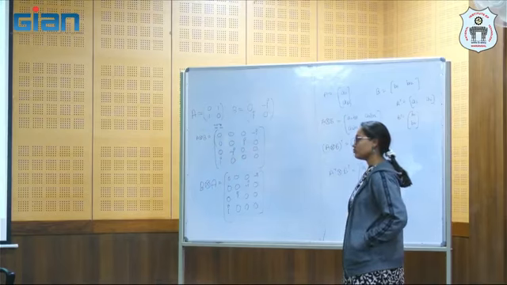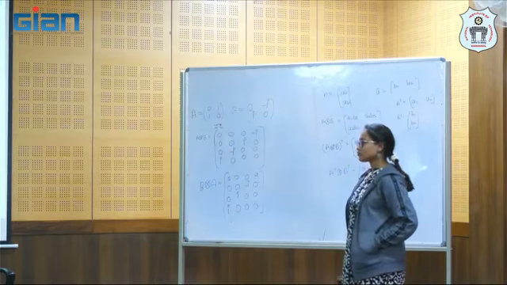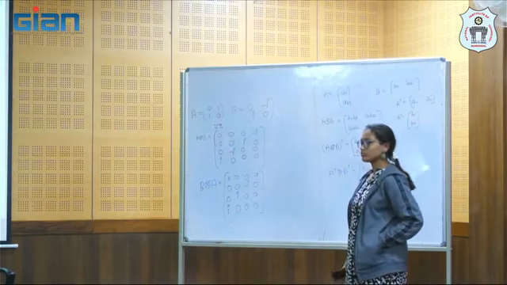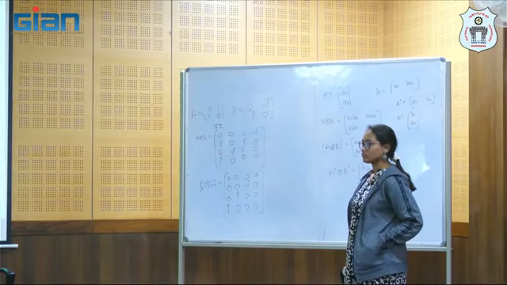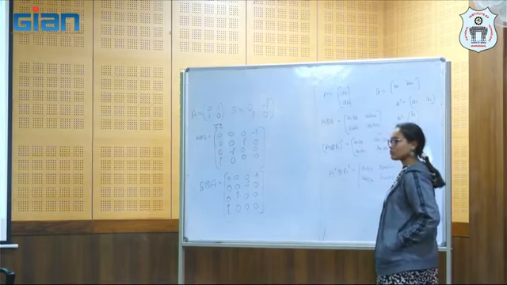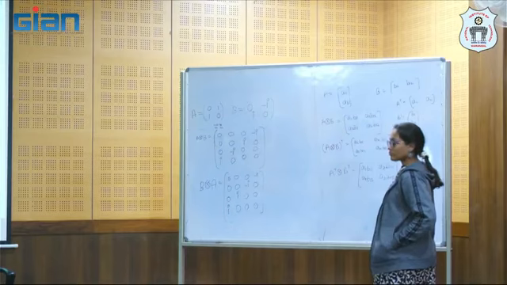I mean as such the question is asking you to prove it, but in the proving you have to take a general n by n matrix or something like that. But that doesn't matter for now. Here also we are not taking specific numbers, we are taking general and trying to verify.